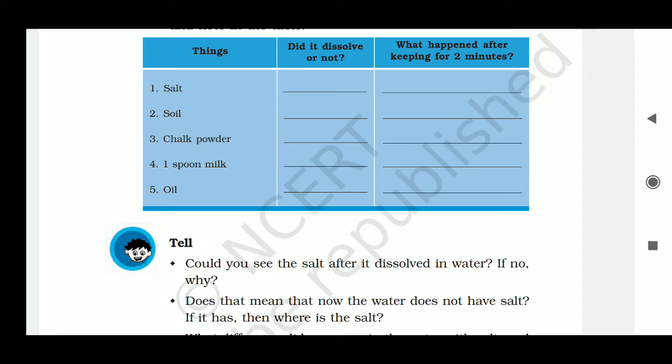The color of water is colorless, as we all know. It will change to a whitish color, which is because of milk. And last one, oil floats on water. Oil will form the upper layer, and it doesn't dissolve in water.